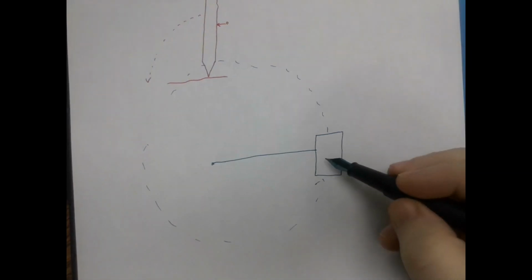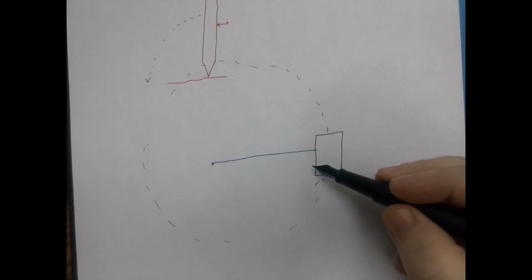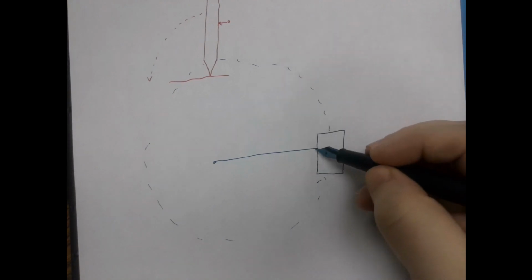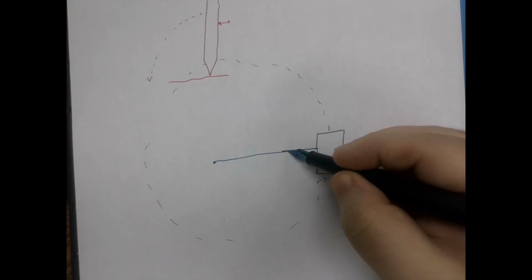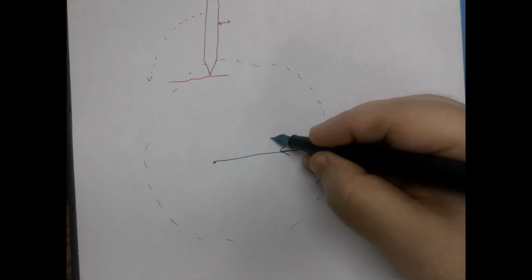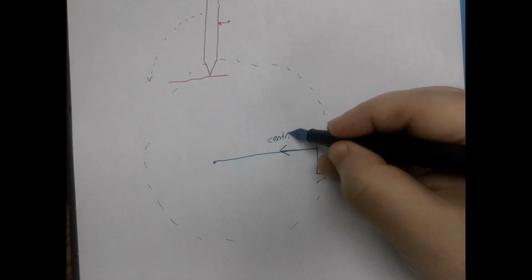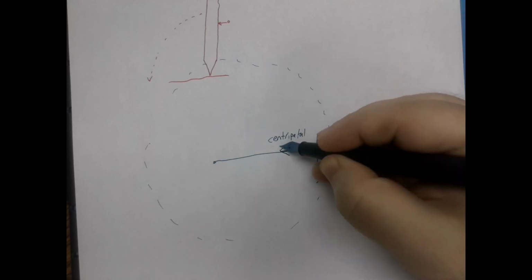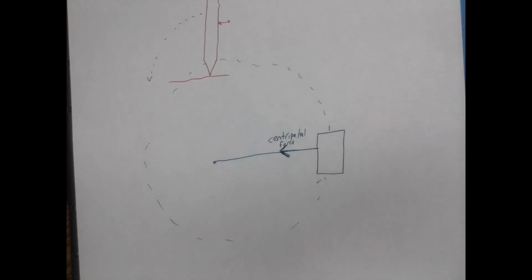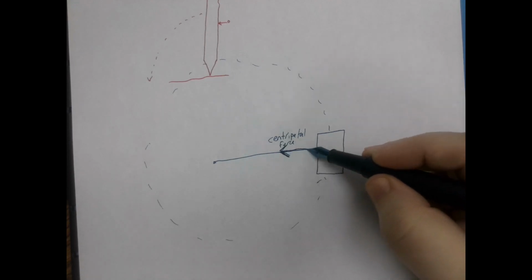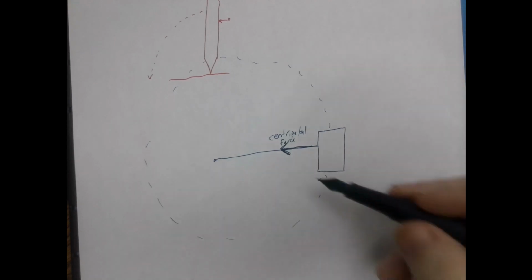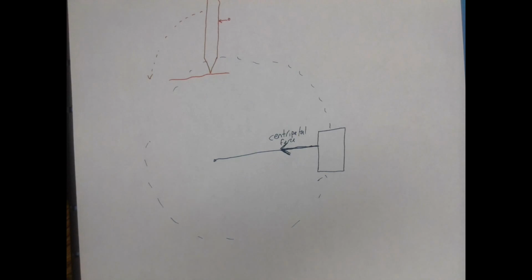In order for this can to continue going around in a circle, there has to be a force, the centripetal force, pulling it in this direction. This is the only force acting on the can, or car if you're going around the corner.